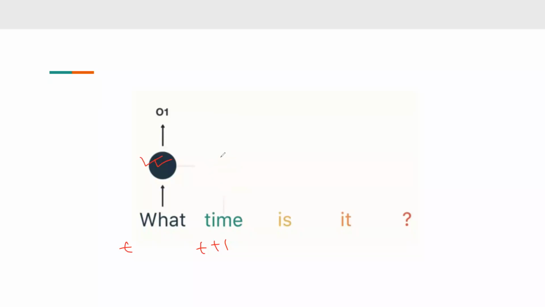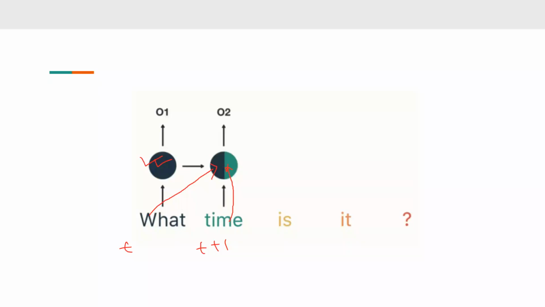Guys, does it make sense? By seeing the picture, now this cell knows what the previous output of my previous cell was, or what the previous input of my previous cell was, and what information it is capturing also. And it is also capturing the time, the current input.